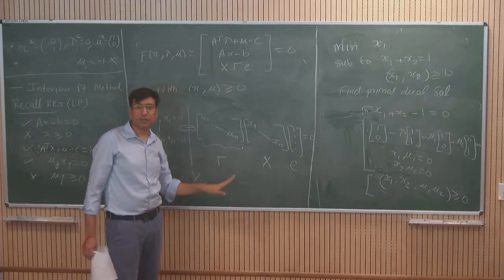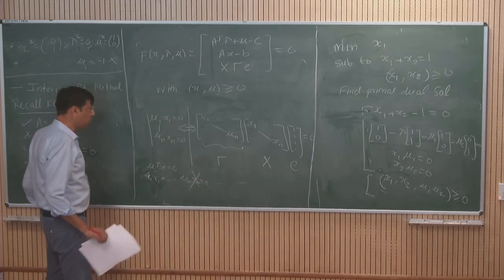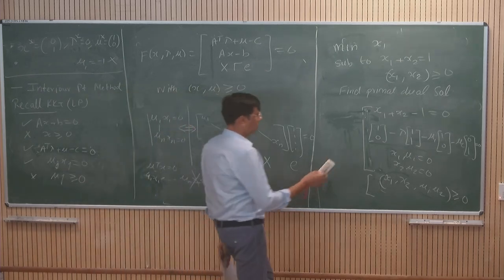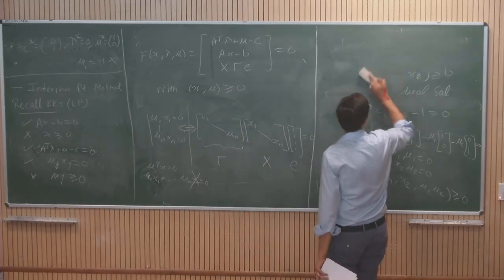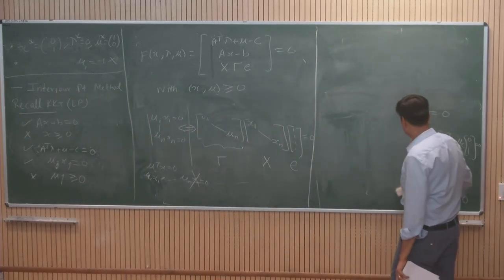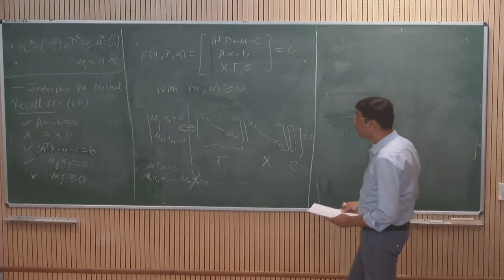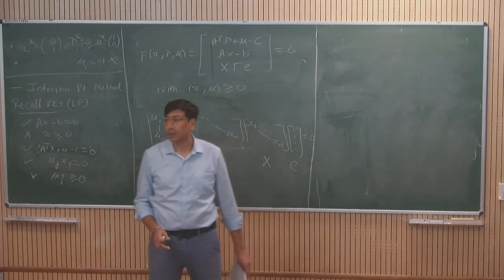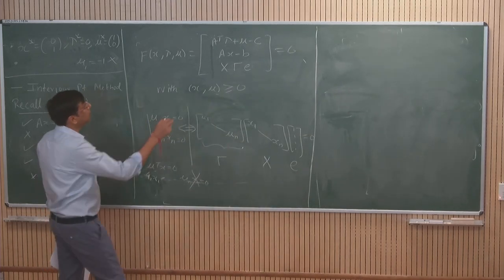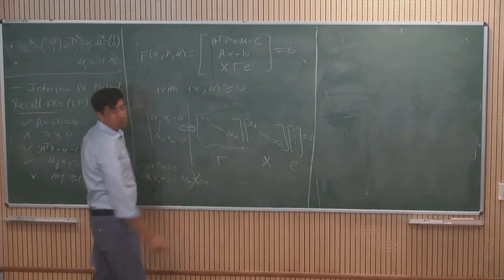How do you solve a system of non-linear equations? What's the best way to solve it? System of non-linear equations equal to 0. Non-linear because there is a product of x and mu.